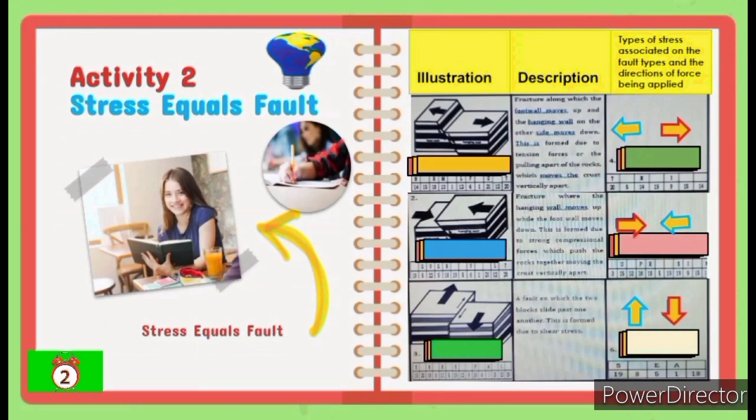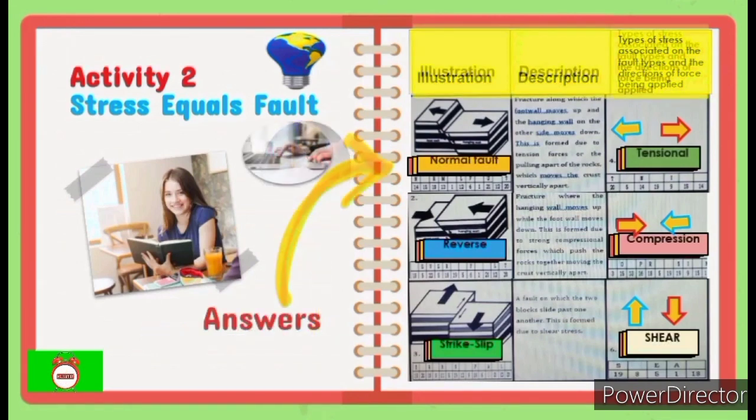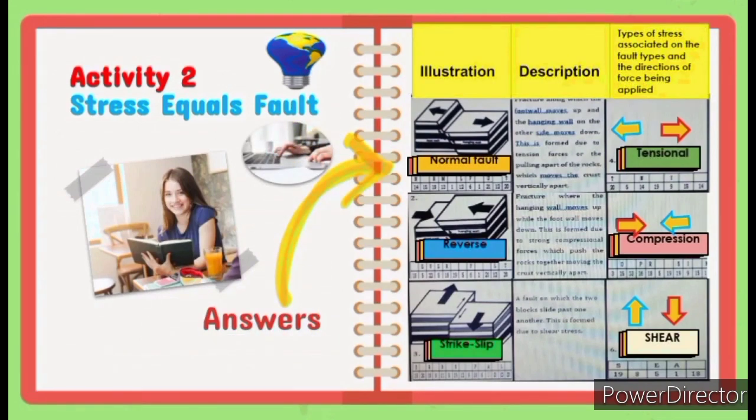Okay, time is up. Here are the answers. Number 1, normal fault, is associated with tensional stress. Number 2, reverse fault, is associated with compression or compressional stress.